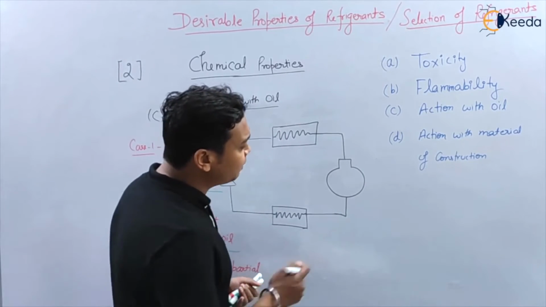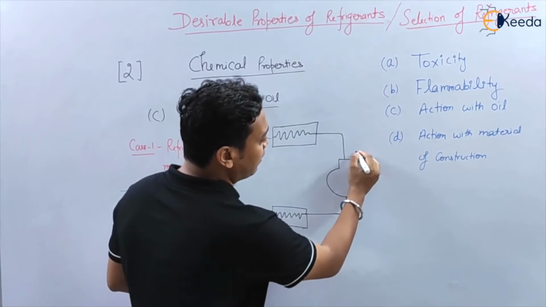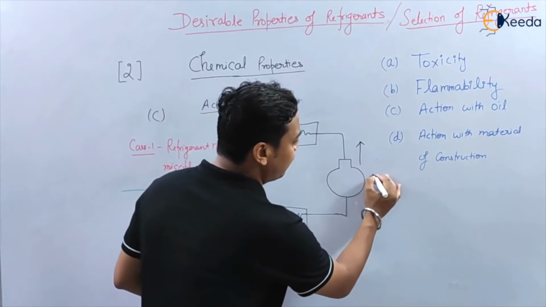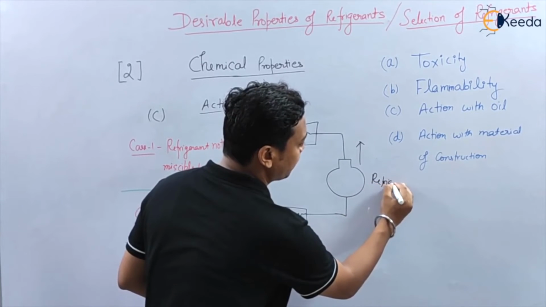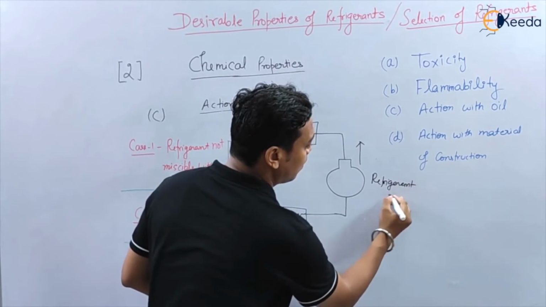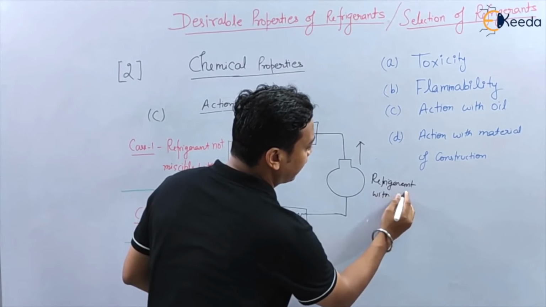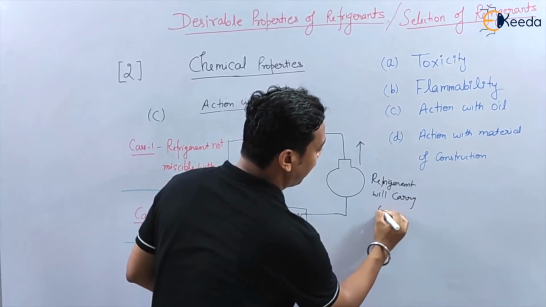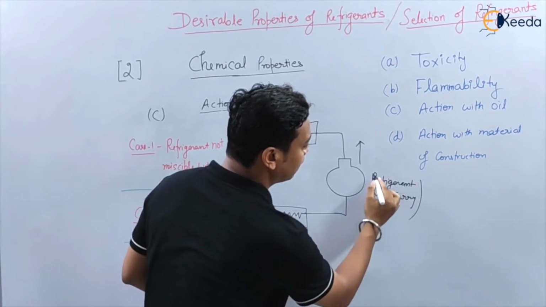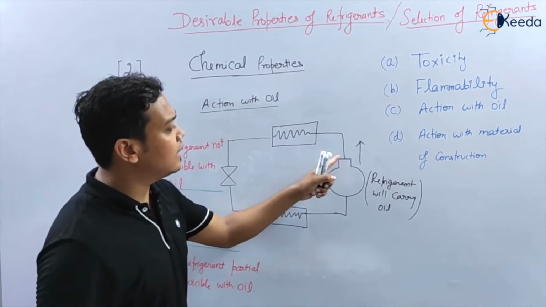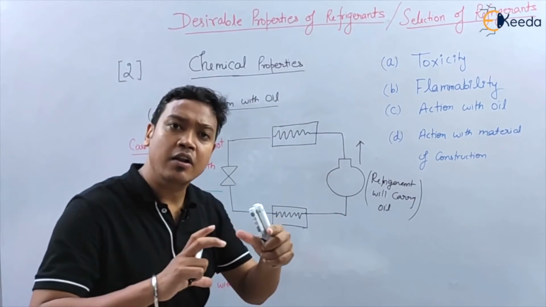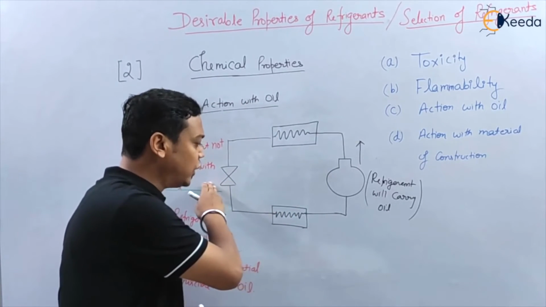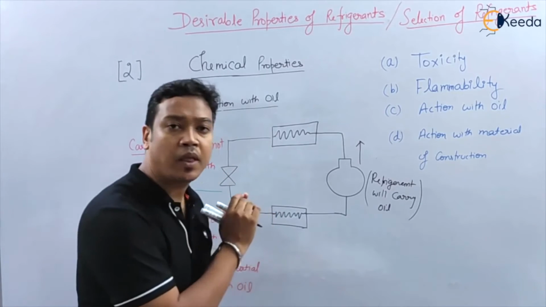After going out from the compressor, the refrigerant will carry oil. So after the compressor, refrigerant and oil both will go to the condenser, then the expansion valve, then the evaporator.